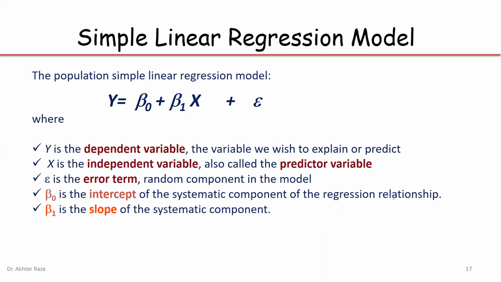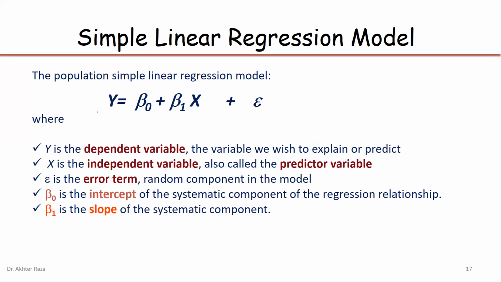This is a simple linear regression model with one predictor. The predictor is X and the response variable is Y. B0 and B1 are the two parameters of the model that are to be estimated. And there is one random factor in the model, and this factor is known as error.